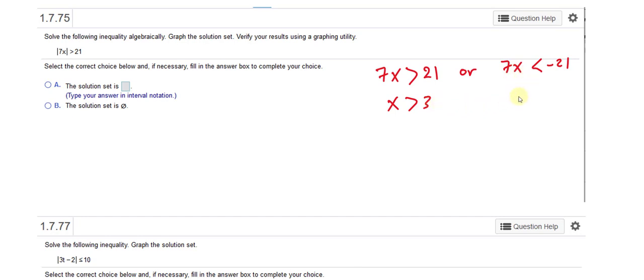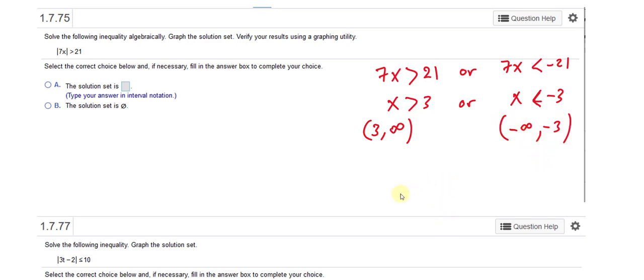And then divide by 7 on both sides, you also get minus 3. So you have the solutions x bigger than 3 and x less than minus 3. Writing that in the interval notation, x bigger than 3 means from 3 up to infinity, and then less than minus 3, so minus 3 is the highest, and we go all the way to the left.